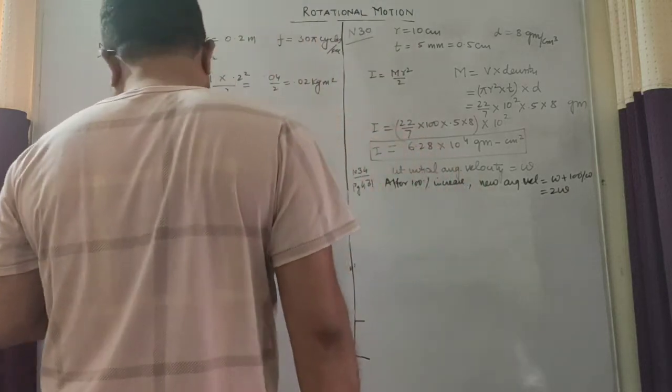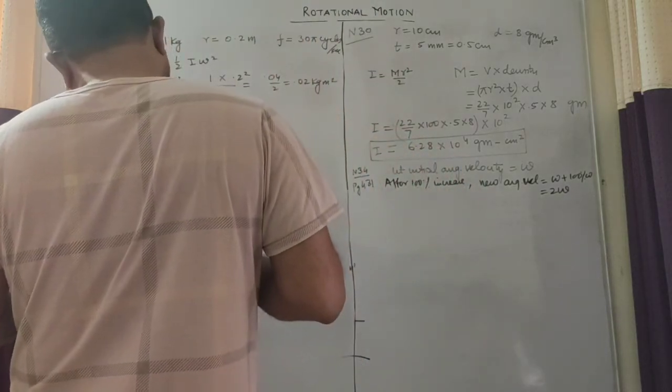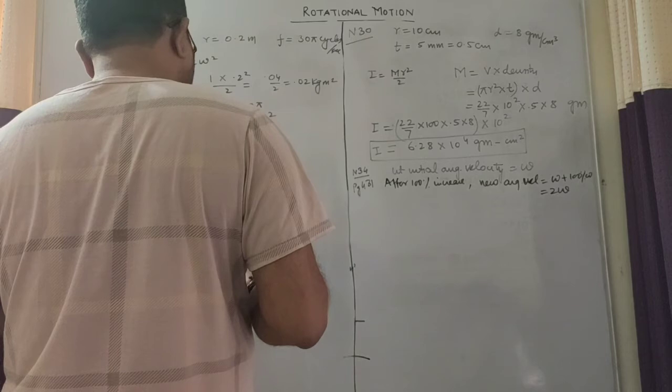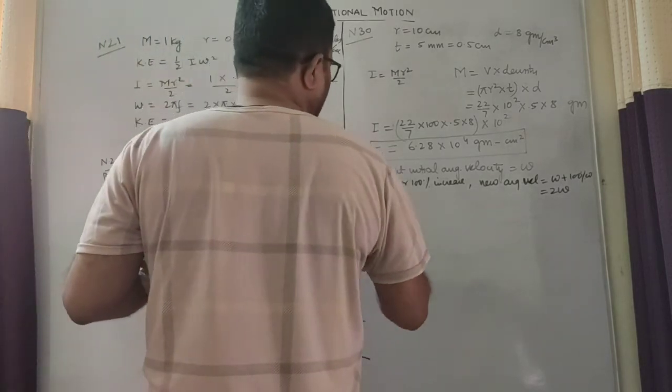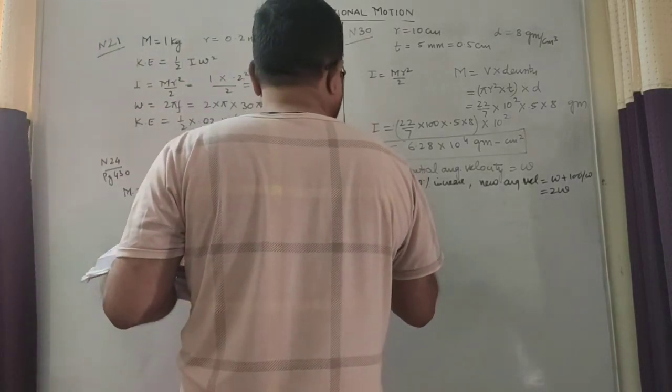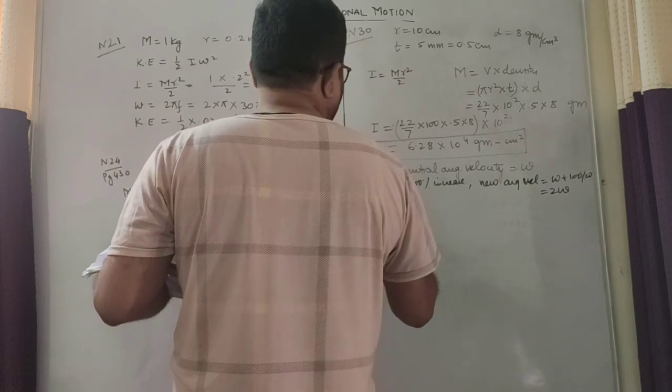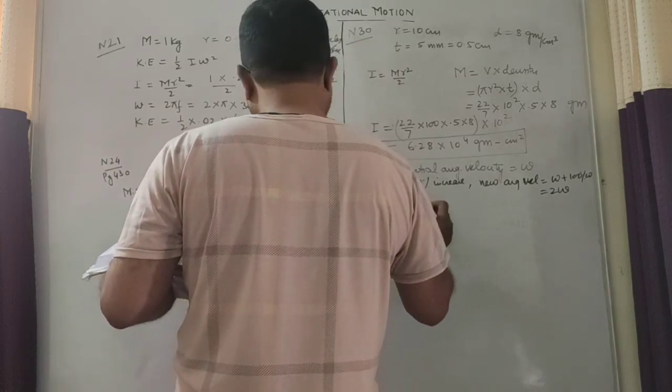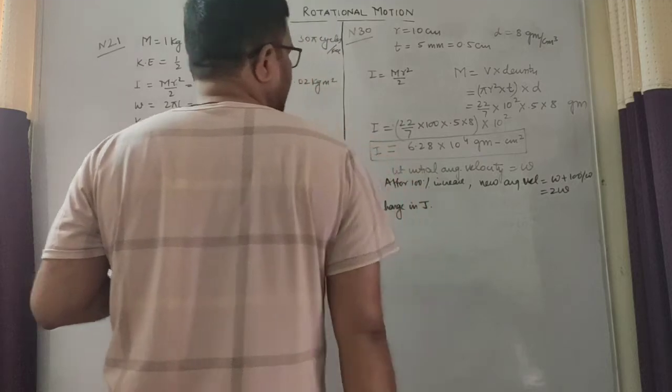This is the new angular velocity. The question is to find the percentage change in its angular momentum. The first part is find the percentage change in angular momentum.